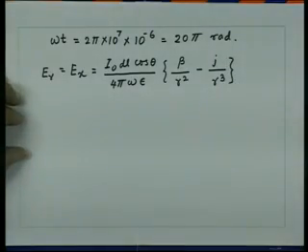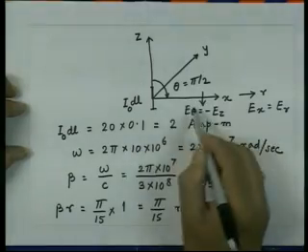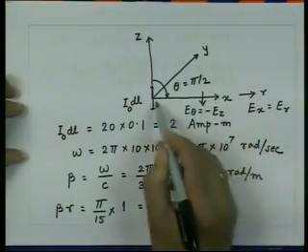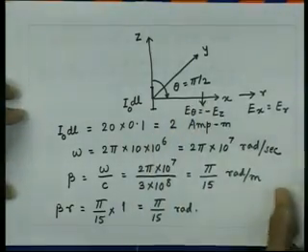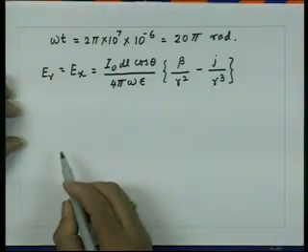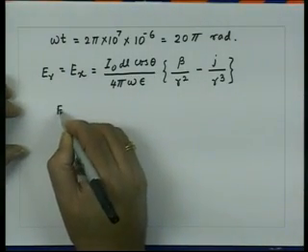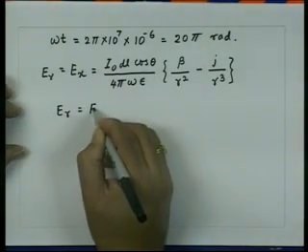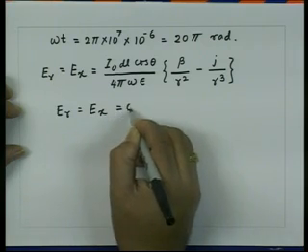I 0 is the peak current, which is same as this. And in this case, since theta for this point, which is 1 meter away along the x axis, is equal to pi by 2, this cos theta will be equal to 0. So in this case E r, equal to E x, will be equal to 0.